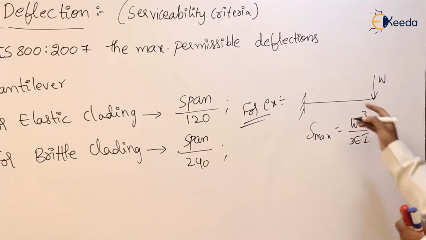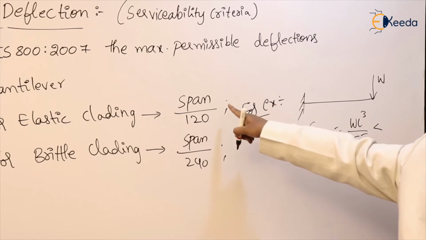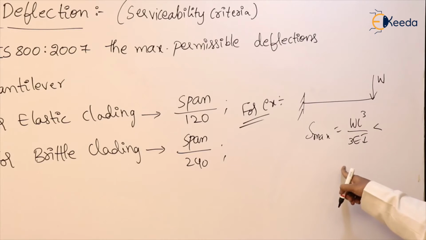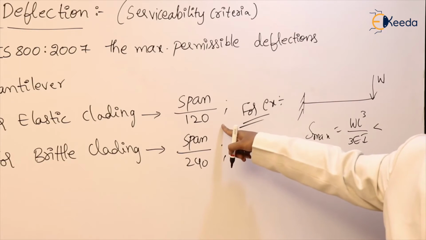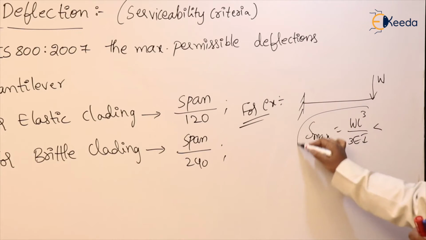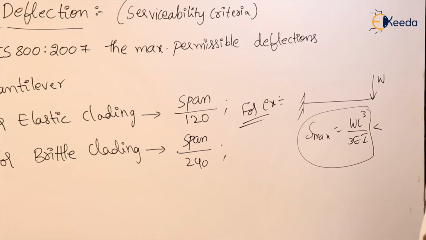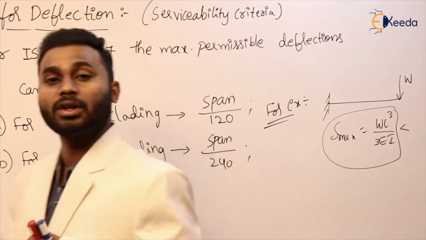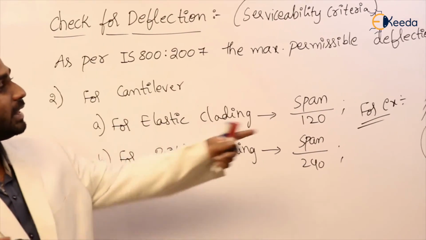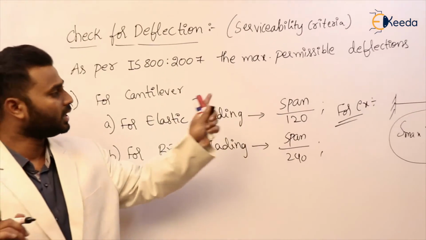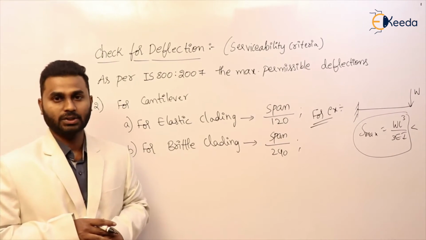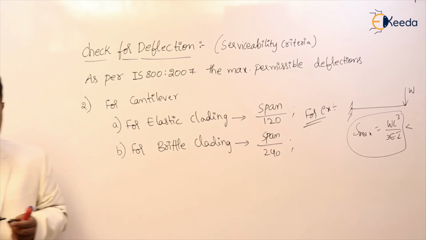If you assume elastic cladding, this should be less than the permissible value given in the code. These are the deflections produced because of the external applied load. The deflection values given in the code should be greater than the calculated values. Then only is it good in deflection and will not fail in deflection. So that is for the cantilever. Take it down.